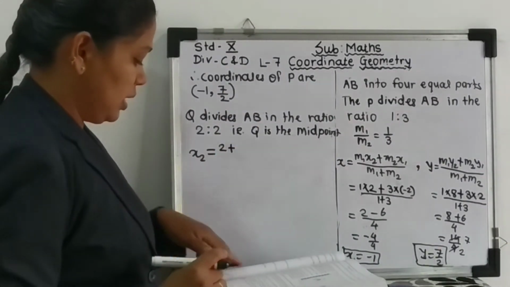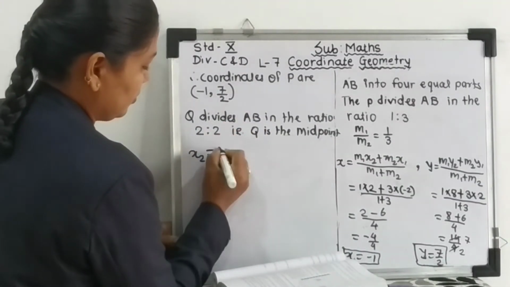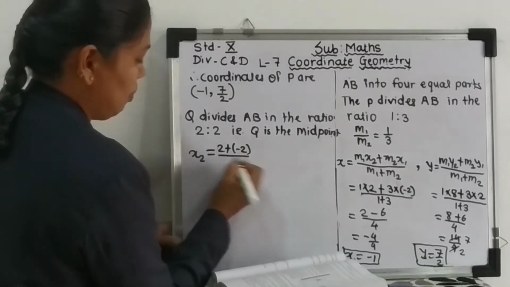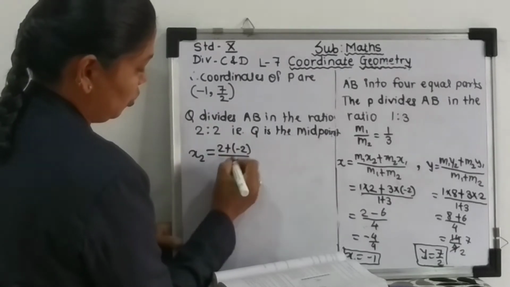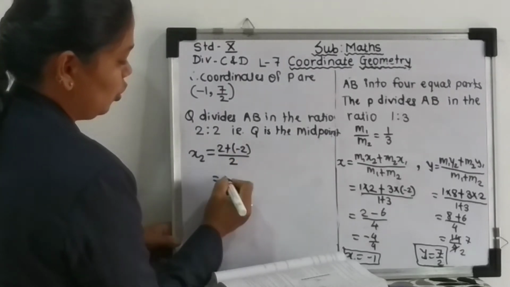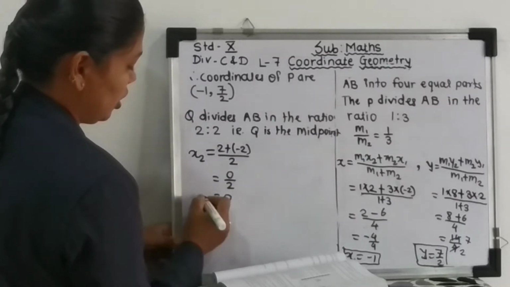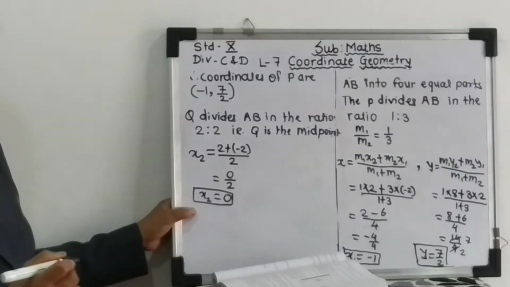Plus then r, here I'll write 2 plus minus 2 upon 2, right? So 2 plus minus 2 is what? 0 upon 2. So your x2 you got 0. Means Q coordinate we got.